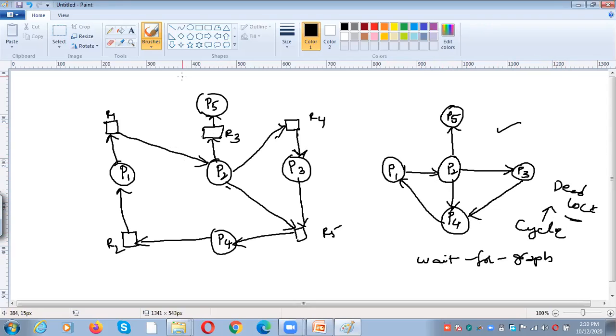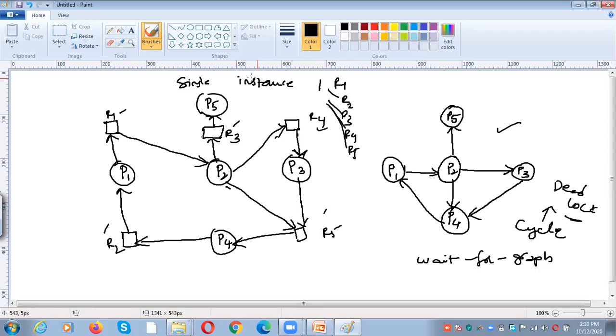It is called a single instance wait-for graph. Single instance, why? Because there is only one R1, one R2, one R3, one R4 and one R5. There is only one instance of each resource in this example: one resource of type R1, R2, R3, R4 and R5.